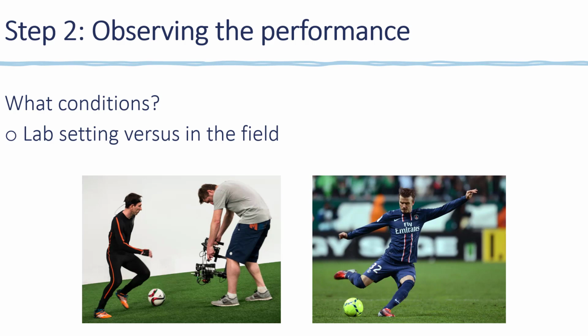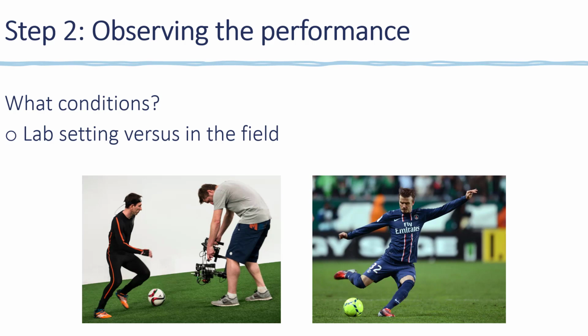So the best locations for viewing the performances may not be available during a competition, or they may be blocked by an official or another athlete. On the other hand, if you control the environment by making the athlete perform their skill in a controlled lab setting, like you see here on the left, then they may not be able to perform the skill as naturally.